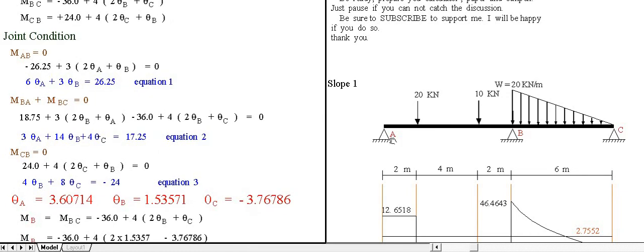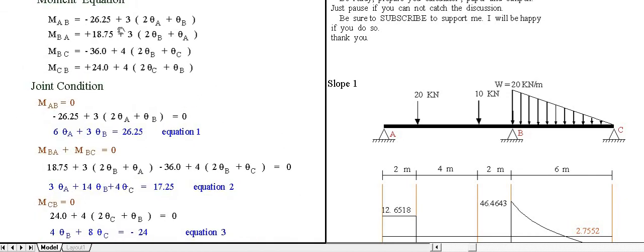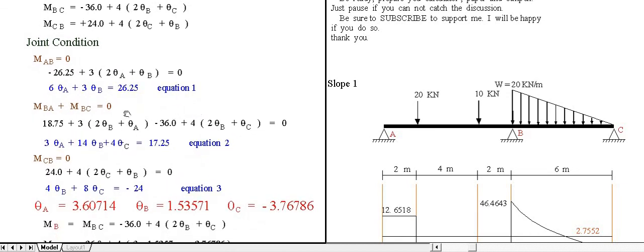Okay, we know that moment AB is 0 here, so equate this to 0. So simplifying, just copy this. So 6 theta A plus 3 theta B is equal to, transfer this to the right, 26.25. This is equation 1. Then another condition is that moment BA plus moment BC must be 0.